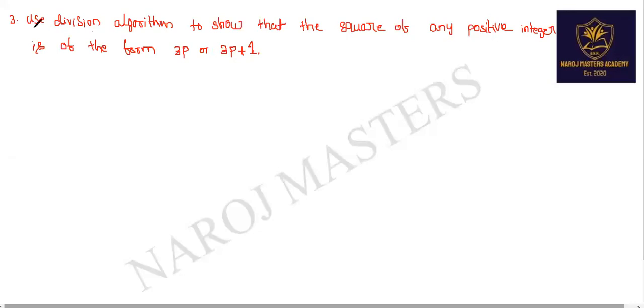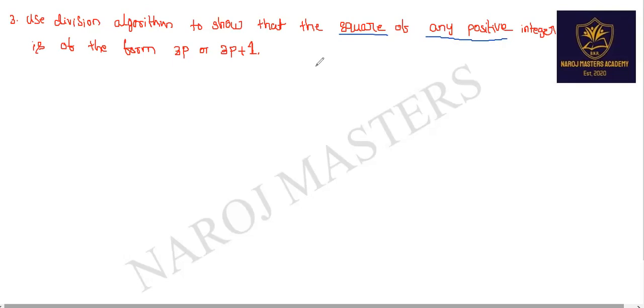Look at the third question. Use division algorithm to show that the square of any positive integer is of the form 3p or 3p plus 1. What is given here? The square of any positive integer.